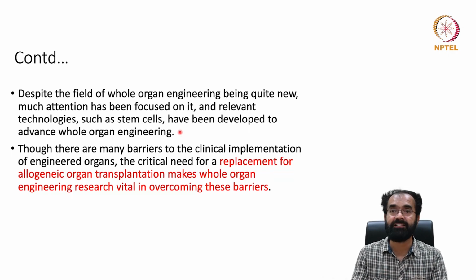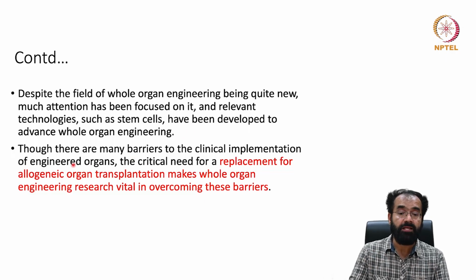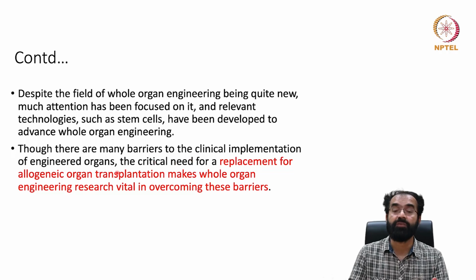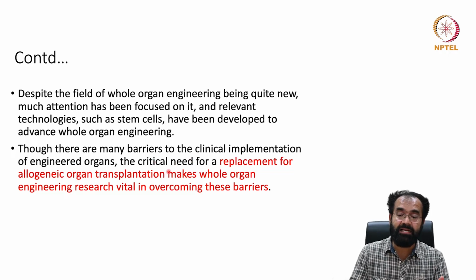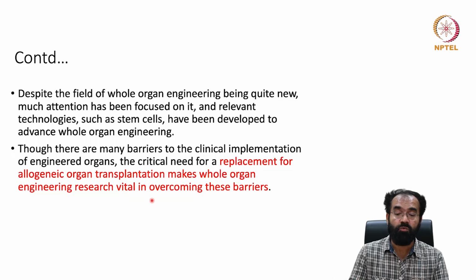These are all the challenges at the implementation stage, which can get into serious trouble. Though there are many barriers to the clinical implementation of engineered organs, the critical need for a replacement for allogenic organ transplantation makes whole organ engineering research vital in overcoming these barriers.